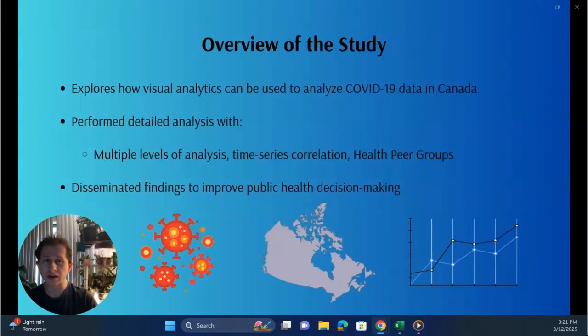By using real-world data in the Canadian health system, the study provides valuable insights into the dynamics of infectious disease transmission and public health interventions. Visual analytics crucially helps identify and understand knowledge that is actually implicit in the data.